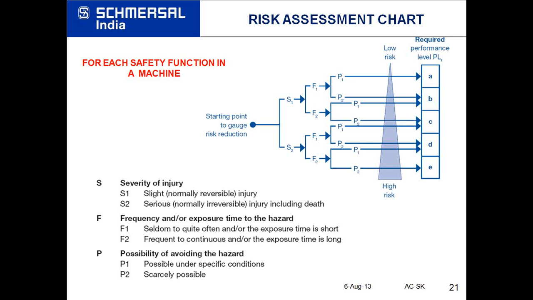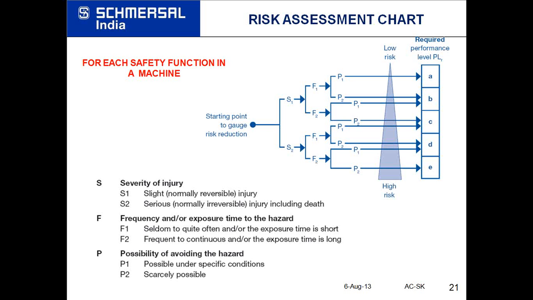So we have S2, F1 and P1, and this reaches performance level C. So overall, this is the safety level of the system required, the level of safety we have to implement on that machine.